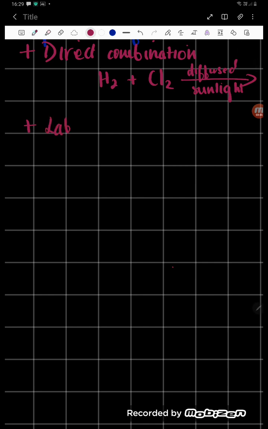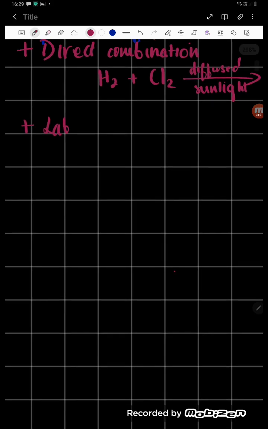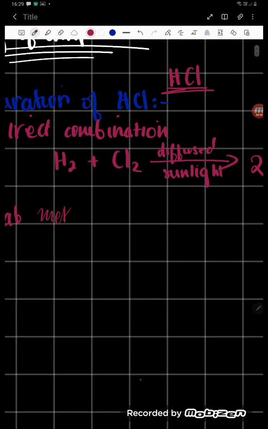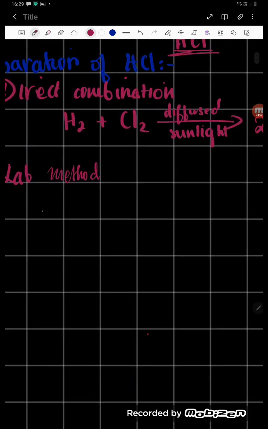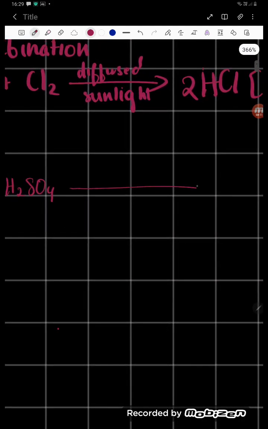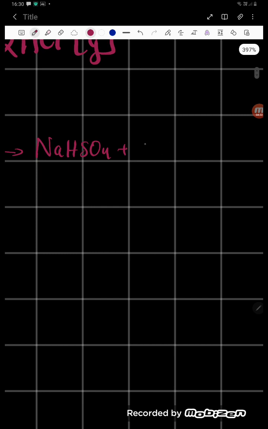In the laboratory method, we take rock salt, that is NaCl, plus H2SO4 under 200 degrees Celsius, to give NaHSO4 plus HCl, which is in gaseous state.